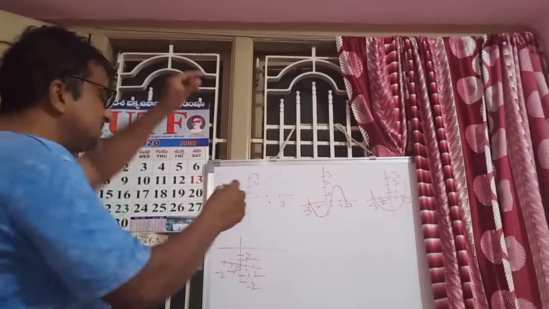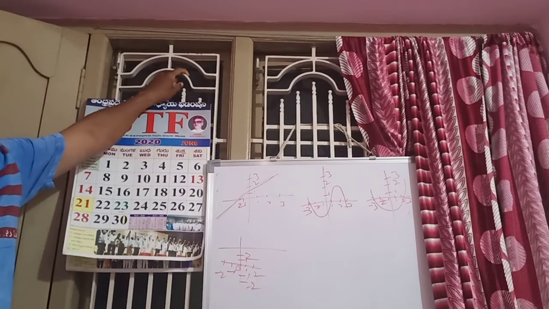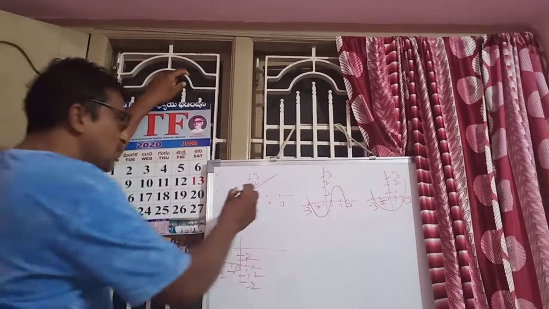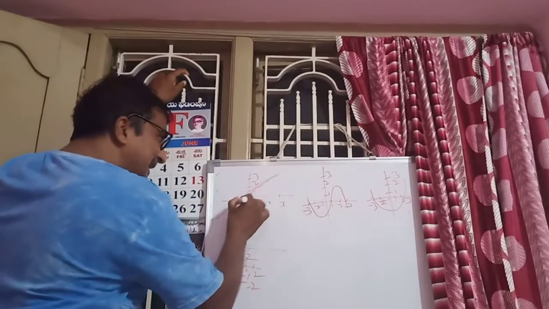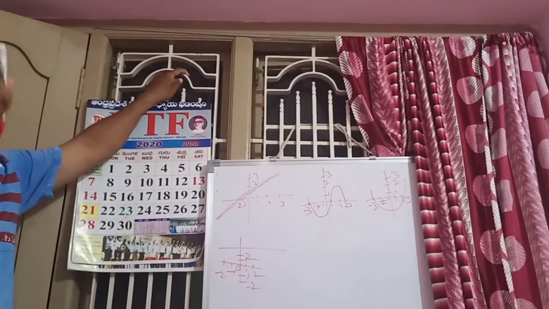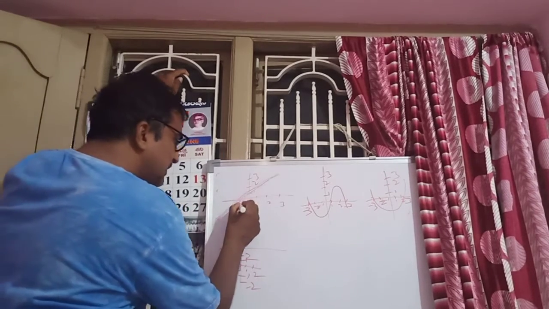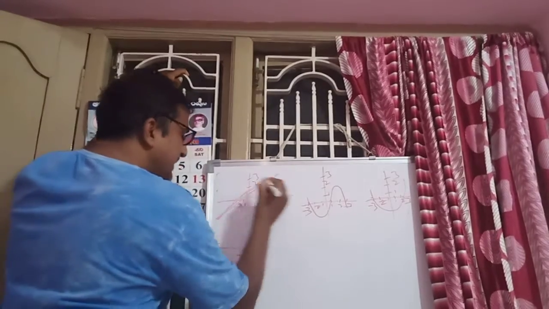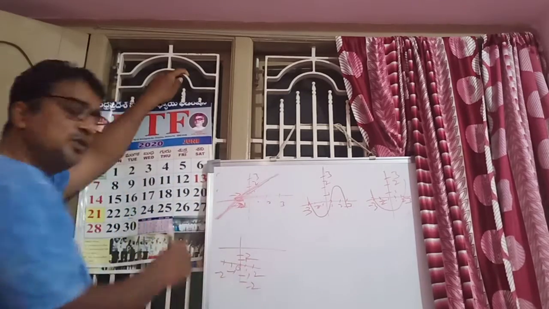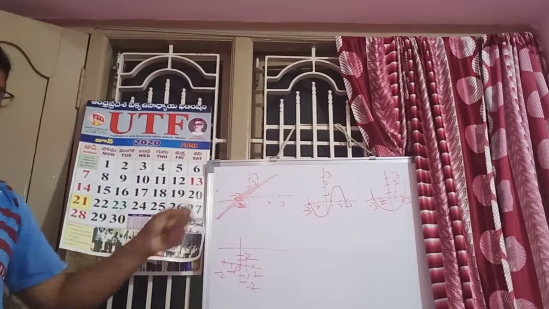Then we can see this is a linear polynomial because it is a straight line. Linear polynomial means how many solutions? One solution. So how can you find it? This straight line cuts the x-axis at which point, therefore that point is the solution of the given graph. Therefore, what is the zero? Here the graph touches the x-axis at minus 2. 1, 2, these are negative. Therefore the zero of the polynomial is minus 2.